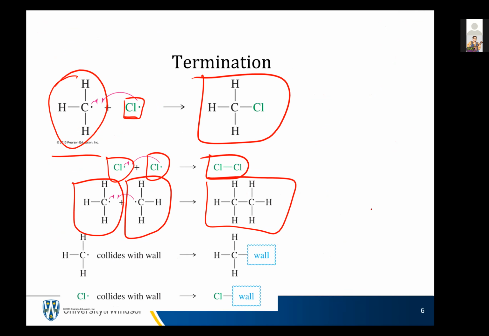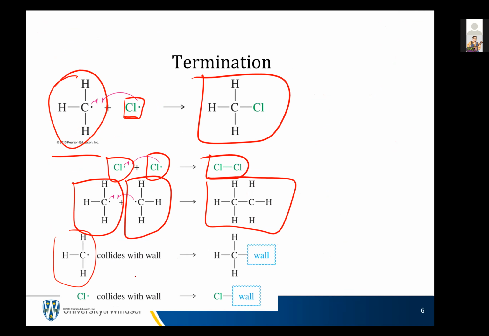The other way this can happen is your radical can collide with the wall. And the wall is the wall of the flask. It's often metal or it's glass. And you can interact with the silicon or you can interact with the metal and you can basically stick to your surface. And you make kind of a coating along there because your radical is collapsing to the surface.